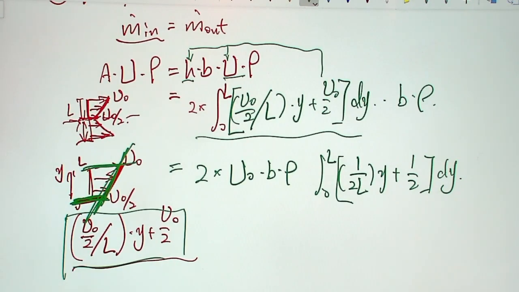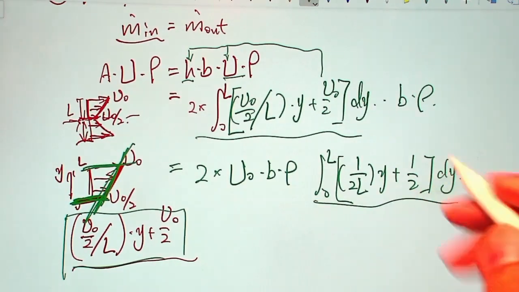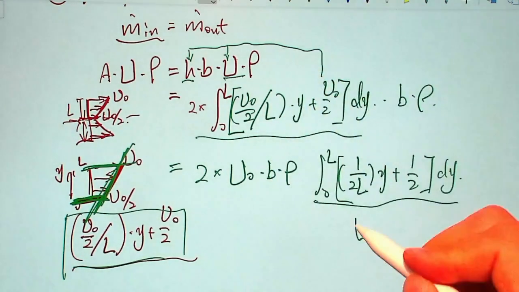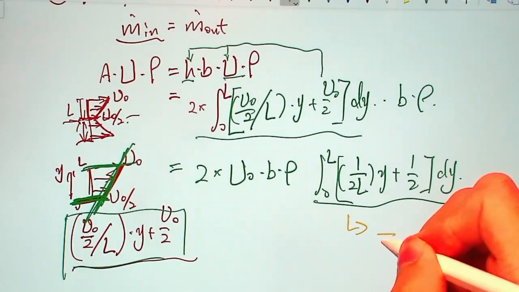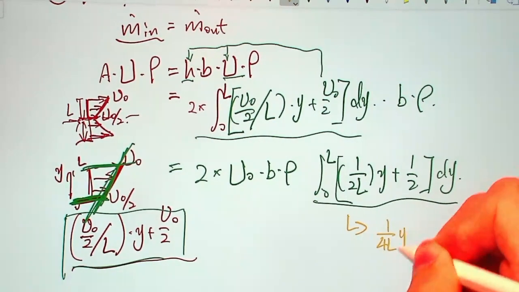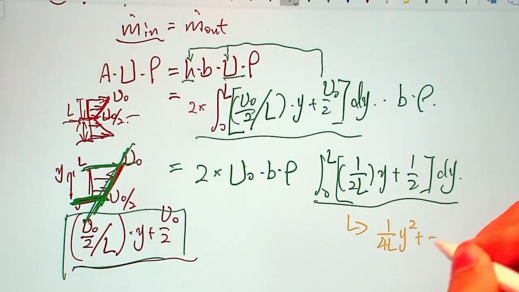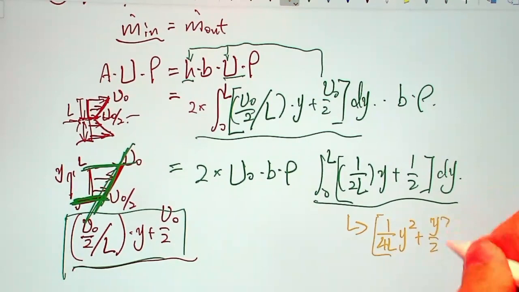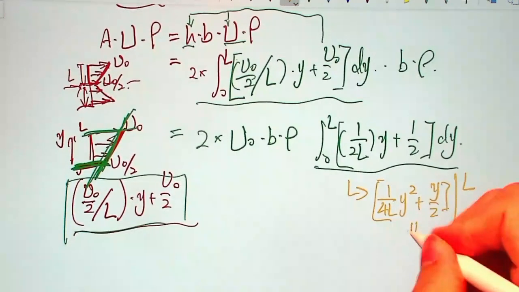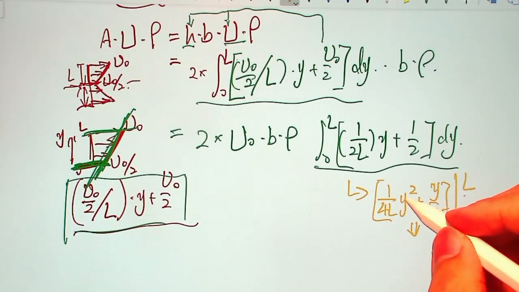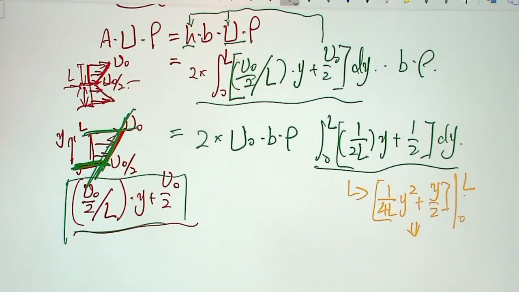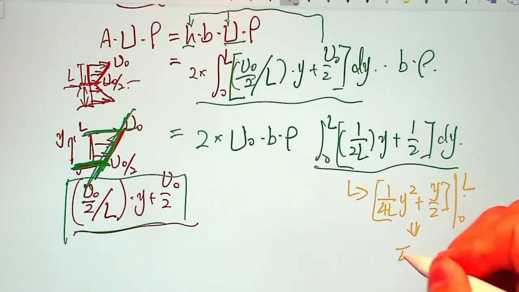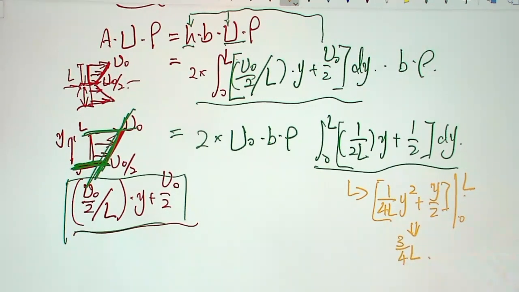Now we integrate this bit, which shouldn't be any difficulty. That gives 1 over 4L Y squared plus half Y, from 0 to L. Putting L in, it's L over 4 plus L over 2, which is 3/4 L.